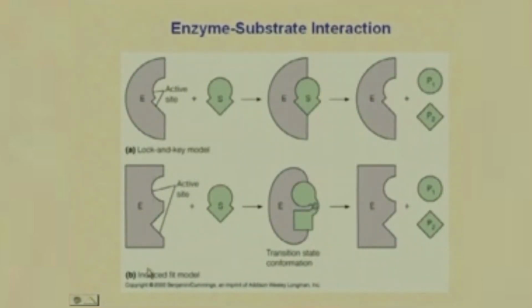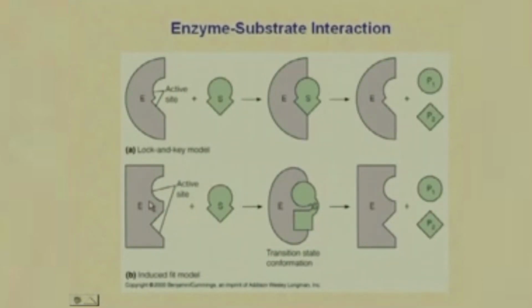If we consider the induced fit model, these comprise the active site. So the enzyme remains like this if the substrate is absent. Okay? Now, as the substrate approaches the enzyme, what happens? There is an accommodation of the enzyme.